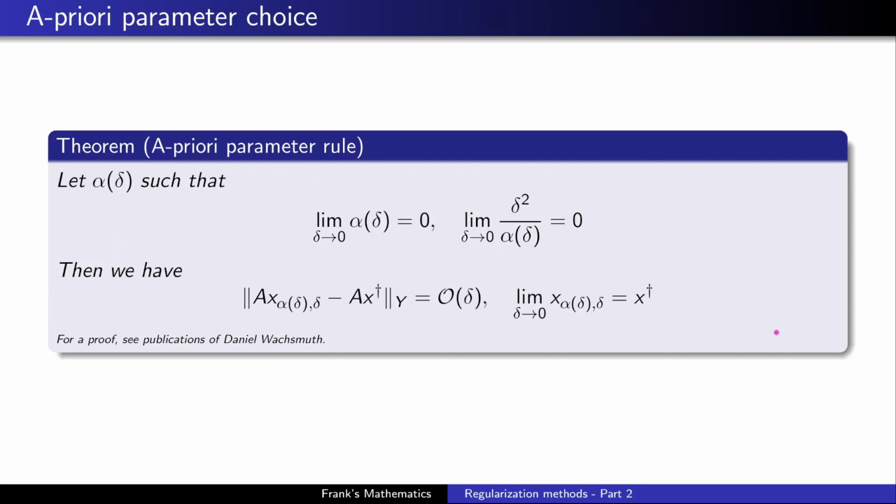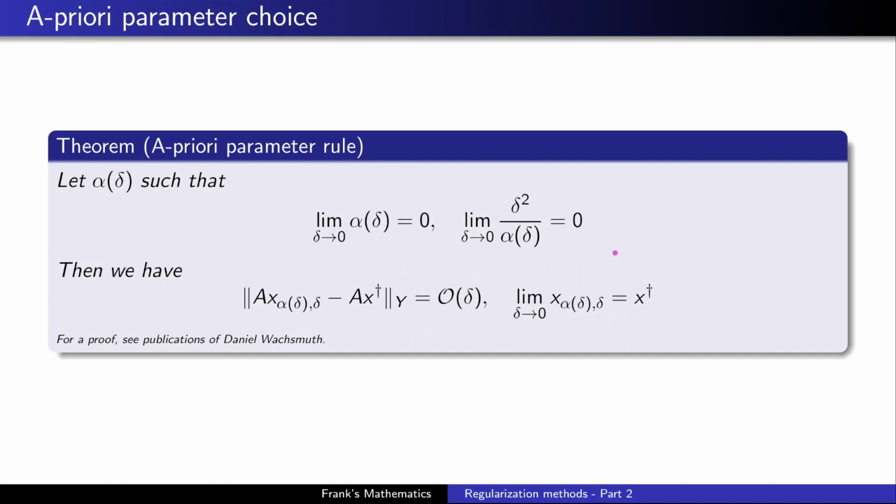If you choose alpha in the following way, that if the noise goes to 0, your alpha should go to 0. Okay, this is clear. And furthermore, the fraction of delta to the power of 2 divided by alpha should also go to 0.